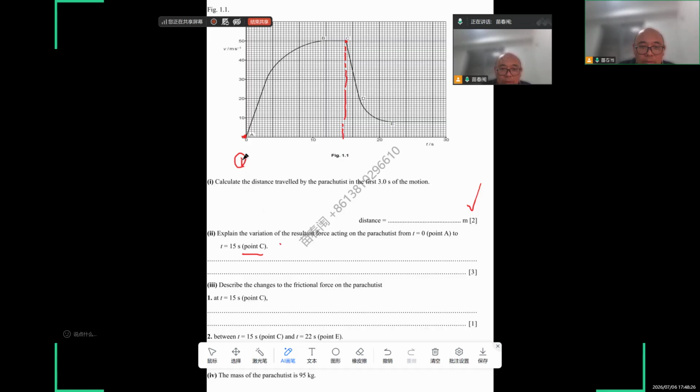Say first, resultant force. In the beginning, there's only mg, right? In the beginning the resultant force is mg. It's gravity, because the drag force is 0. And the end is easier.